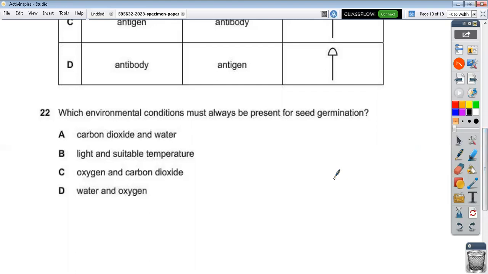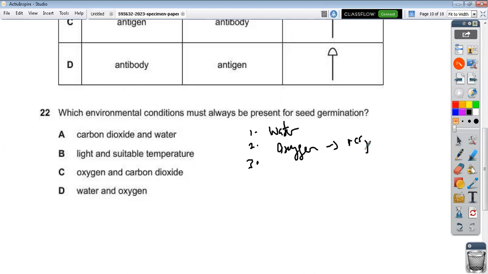Oh, I'm sorry. I made a mistake. That's not correct. What are the three things that are important for germination, that without one of them, germination can never take place? What are they? Water. What's the other one? Oxygen. For what? For respiration.